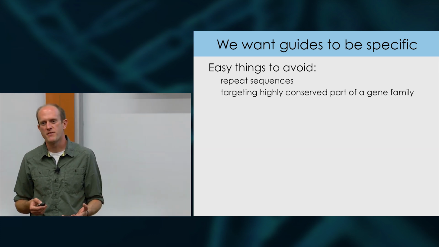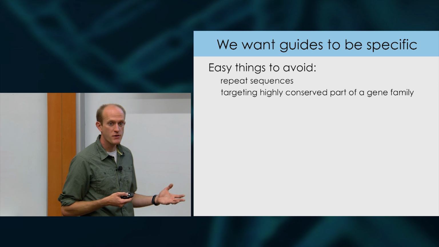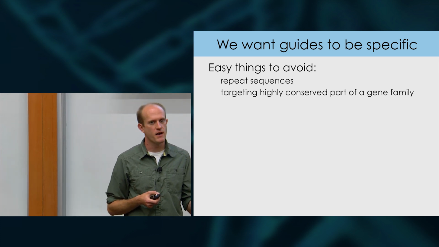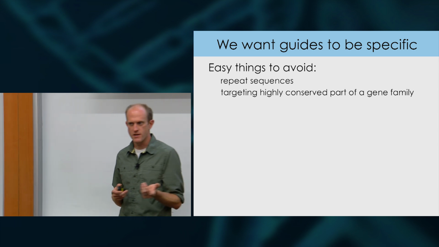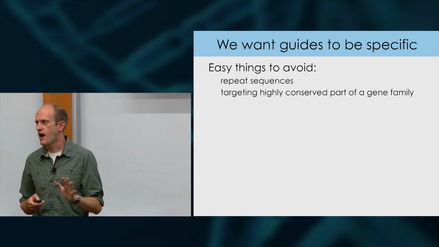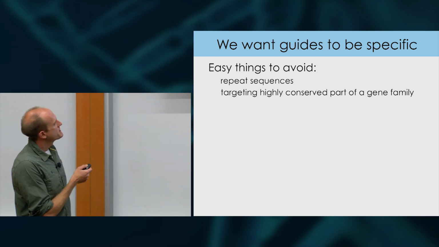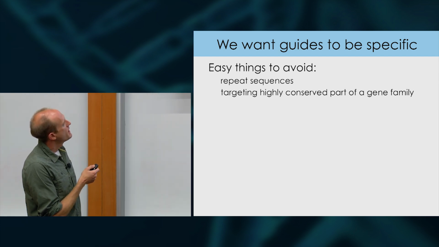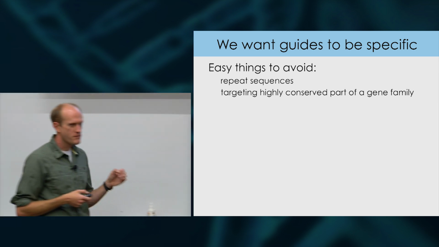But it's easy to forget about these things. So if you just look at, say, genome browsers, things like that, they will often identify repeat sequences via upper or lowercase letters using programs like RepeatMasker. And you just want to make sure that your guides don't fall into these places that are highly repetitive in the genome. Like I said earlier, you want to target things that are conserved for function.